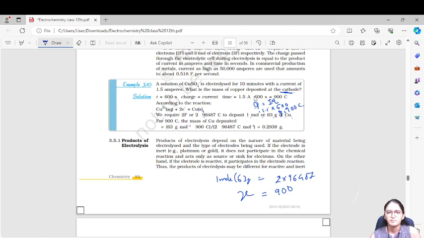Cross multiply and get the answer. So 0.2938 grams of copper will be deposited at the cathode.